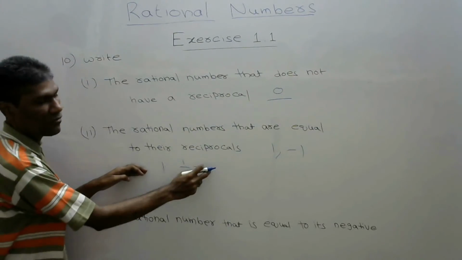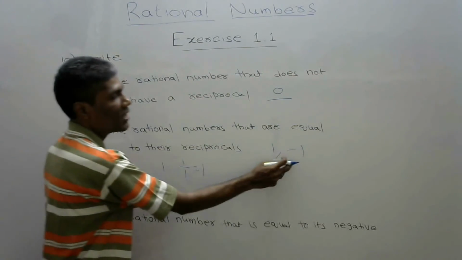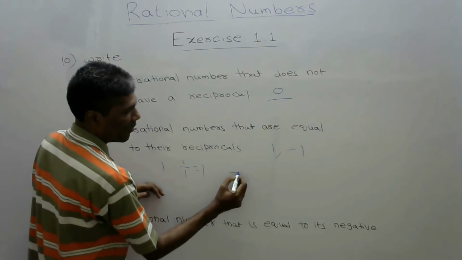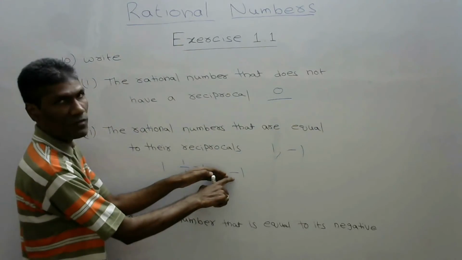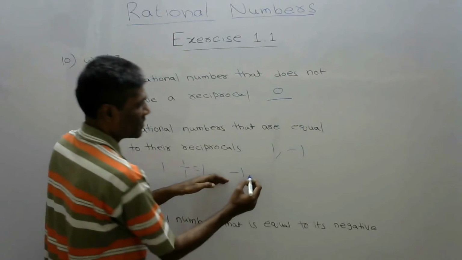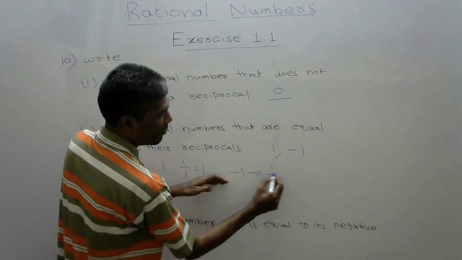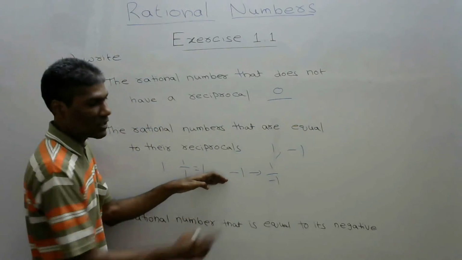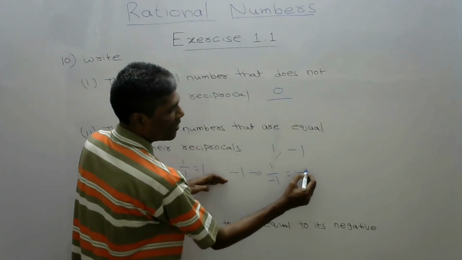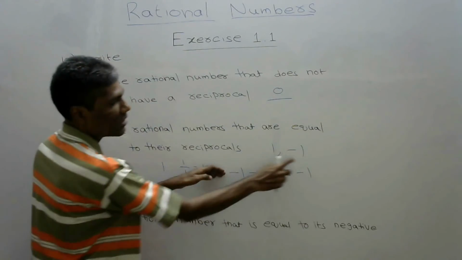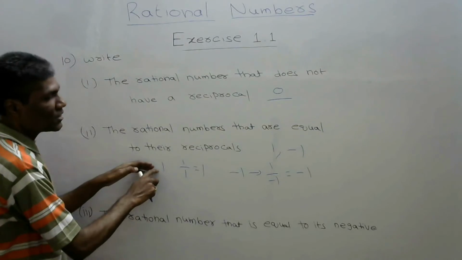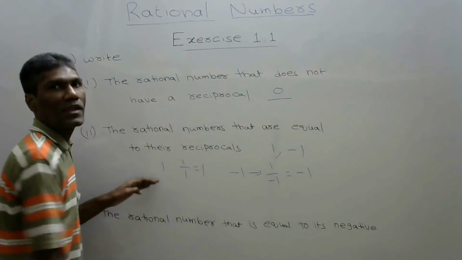So 1 and 1 are equal. Similarly, minus 1. The reciprocal of minus 1 is 1 by minus 1. What is 1 by minus 1? This is minus 1. So these two are equal, so the reciprocals are also equal.